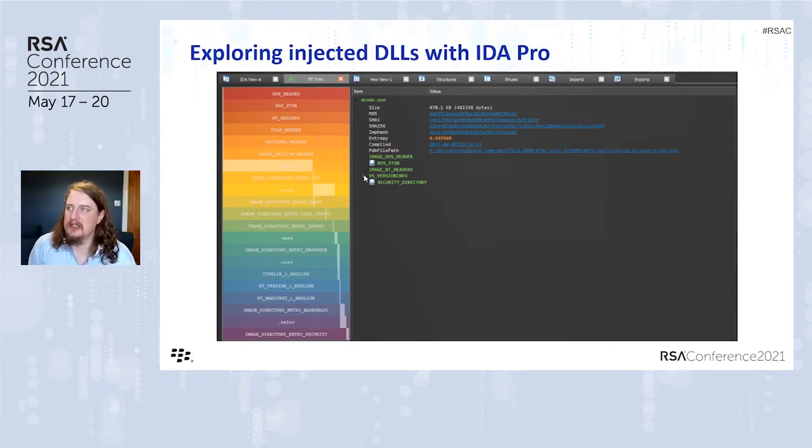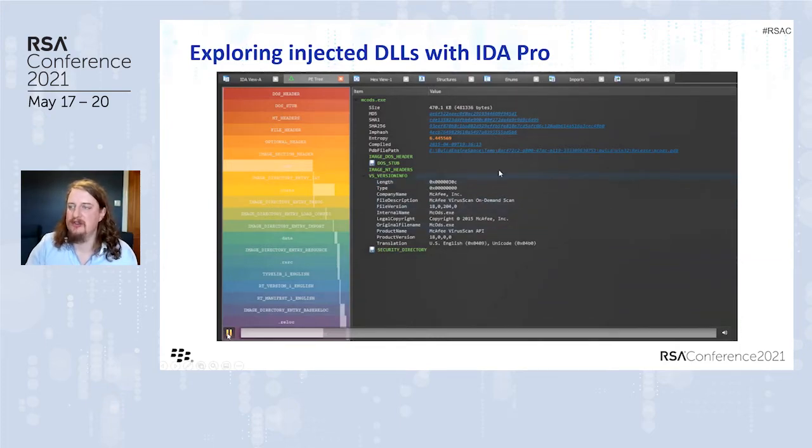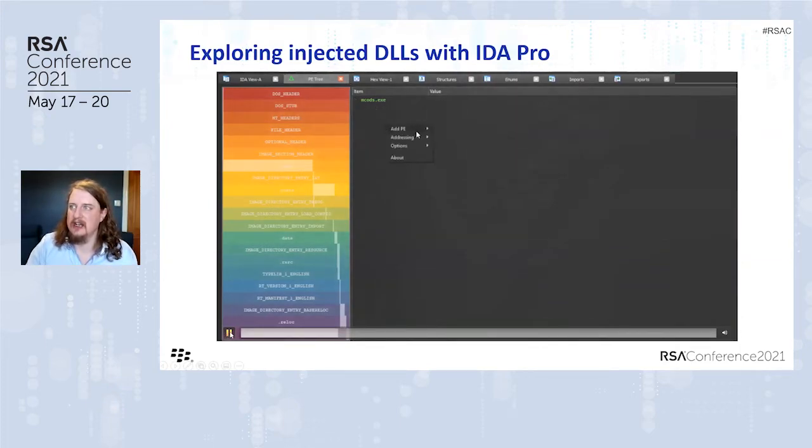What had happened was the threat actor, APT32, a Vietnamese threat group, had dropped MCODS, the legitimate signed McAfee executable, on a box. And they then dropped a DLL alongside it that MCODS would actually pick up and load.